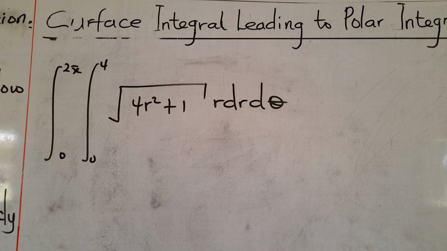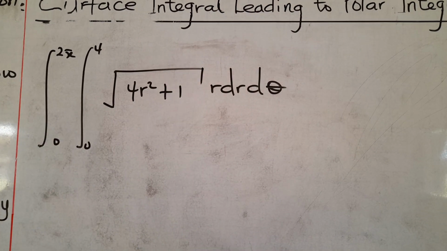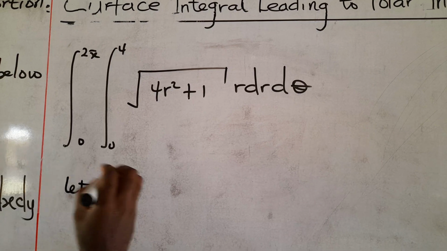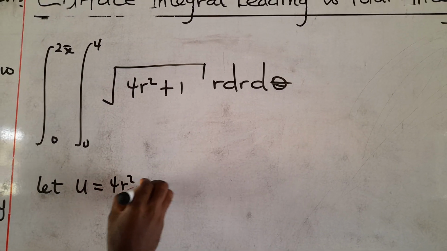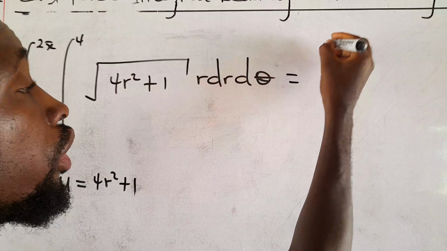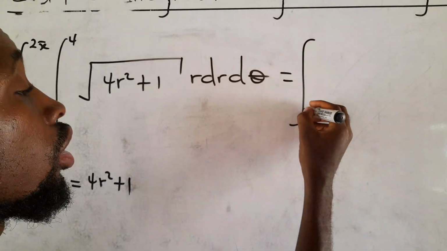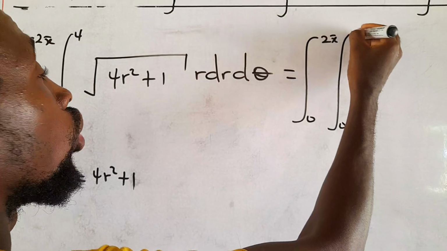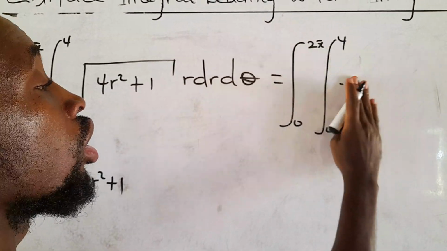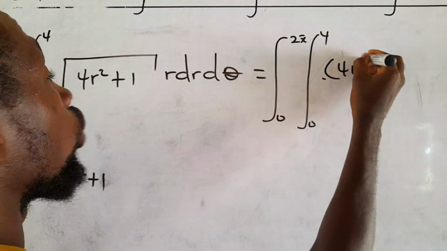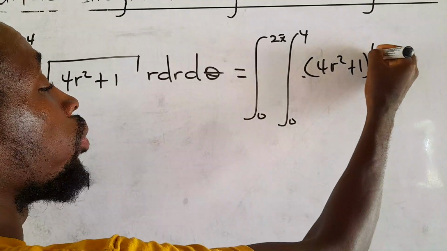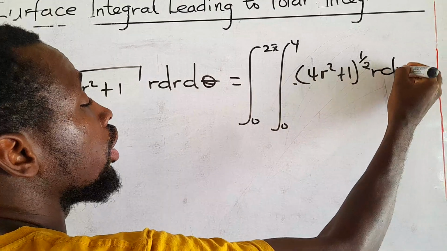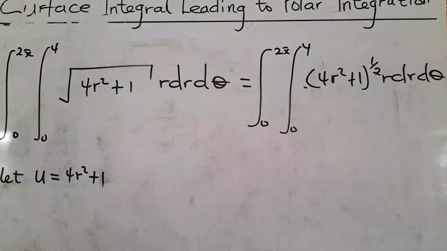So in solving that by integration by substitution, we should let u be equal to 4r squared plus 1. This can be written as double integral spanning from 0 to 2 pi and spanning from 0 to 4 of 4r squared plus 1, all exponent half. Remember that. Then r dr d theta.